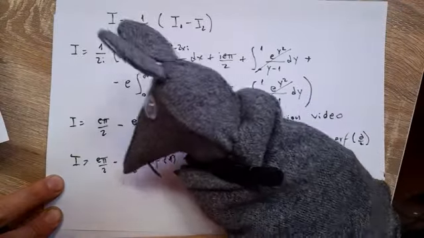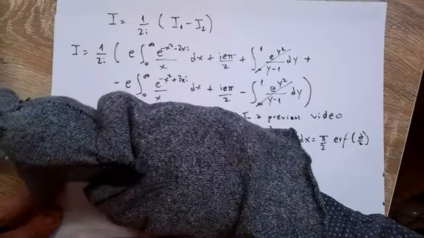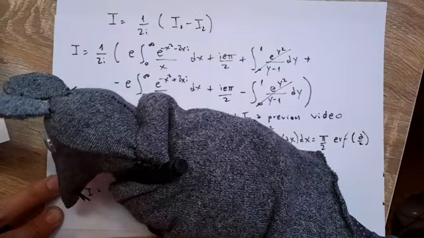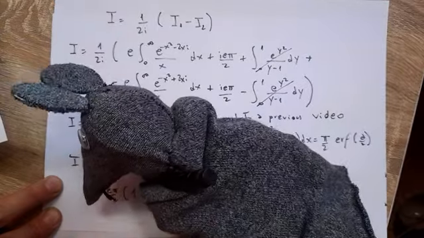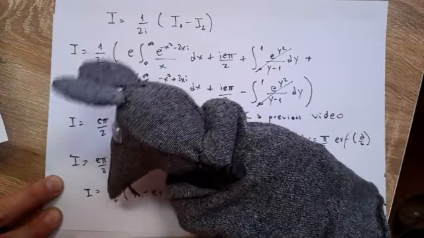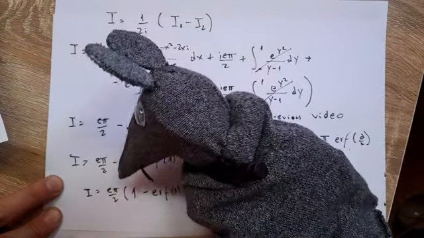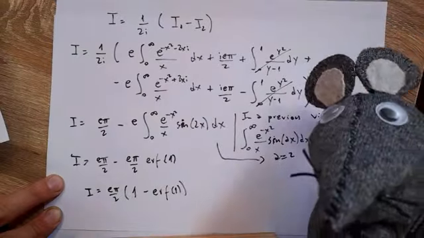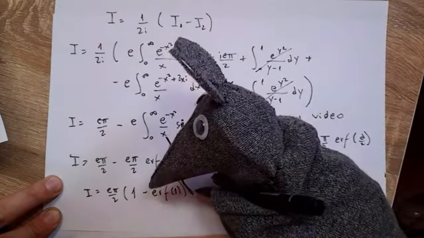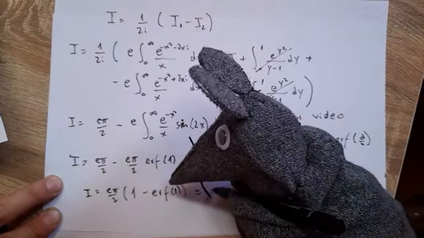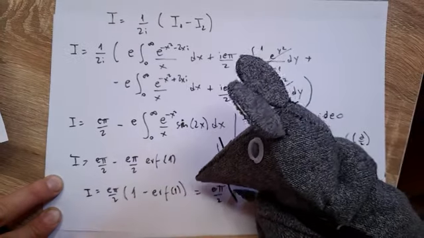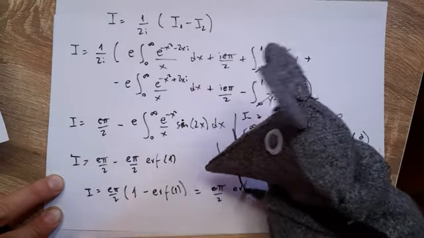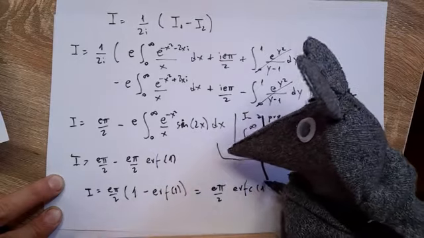So I equals e pi over 2, we factor, 1 minus ERF of 1. And this is just the complementary error function: e pi over 2 times the complementary error function of 1.